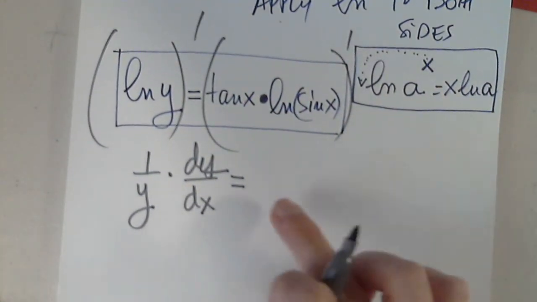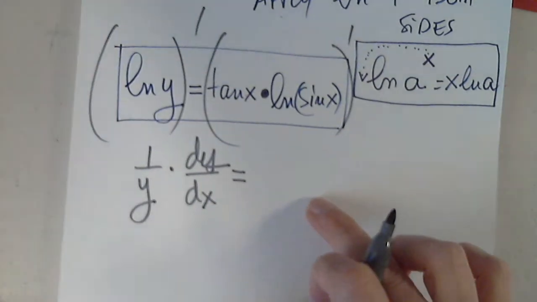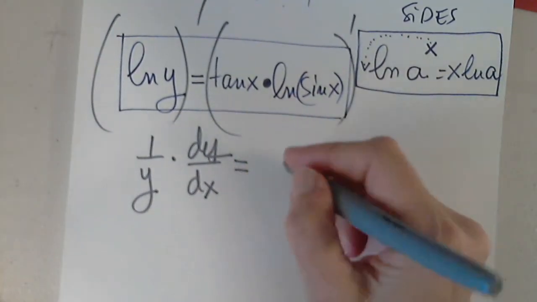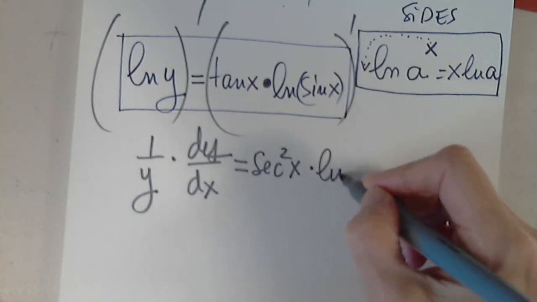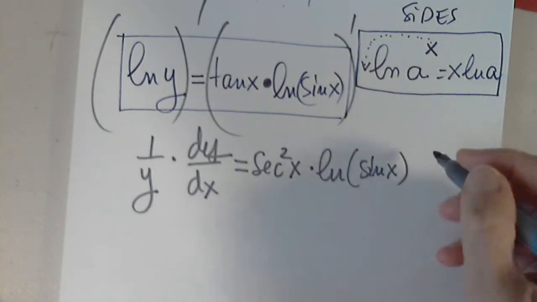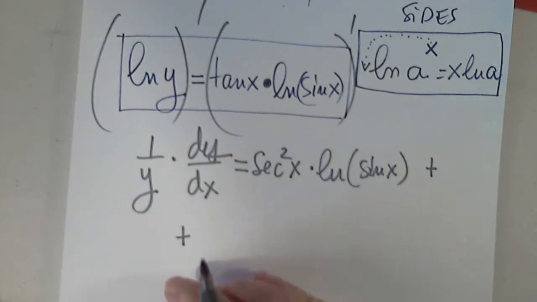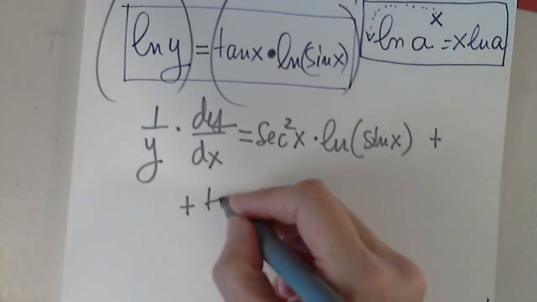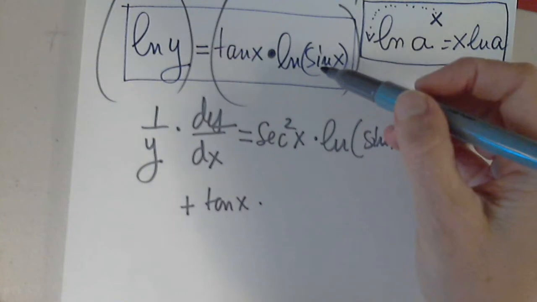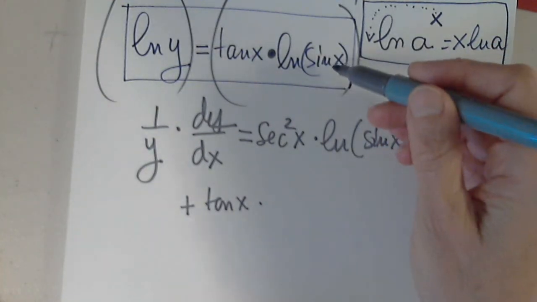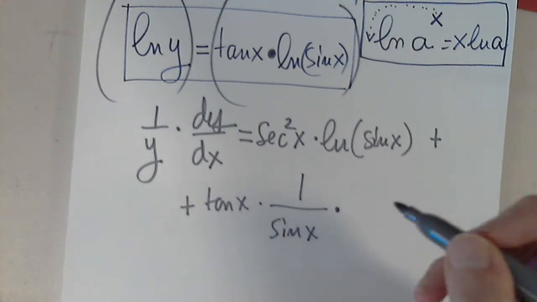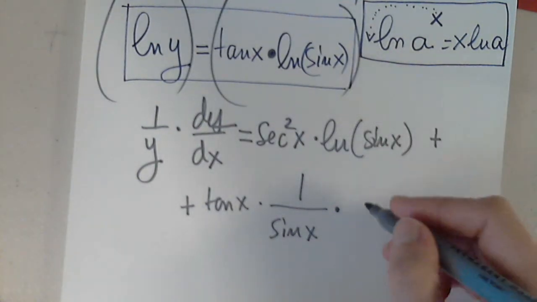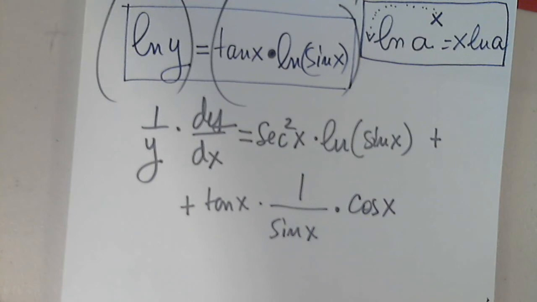I have to have a sum of two terms. Tangent prime first is secant squared times natural log of sine x plus. I copy tangent, but now I have to differentiate natural log of a function. So it's 1 over sine x multiplied by the inner function prime, which is cosine x.